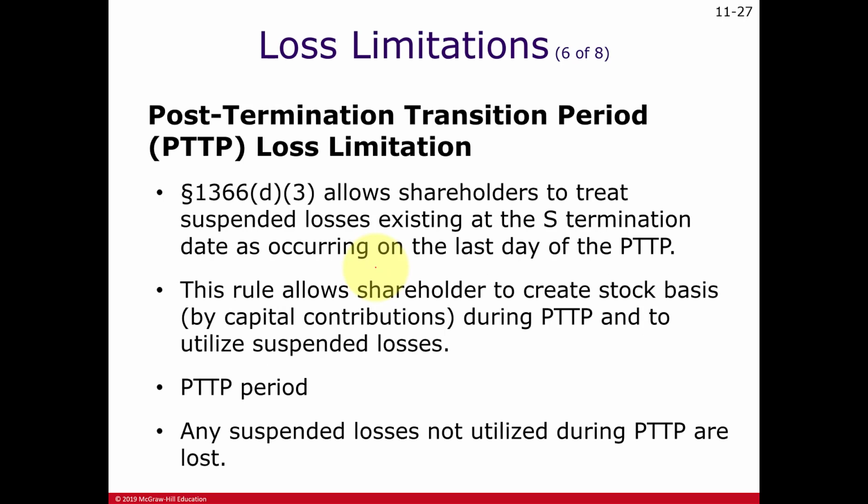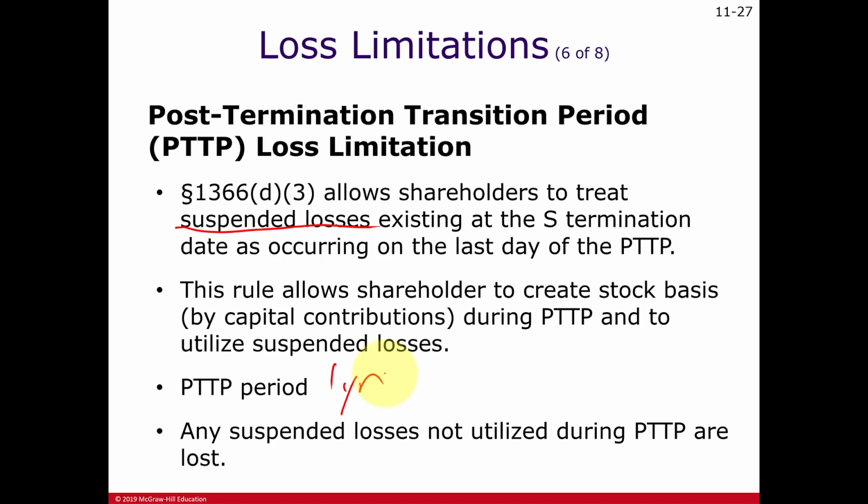So let's say that the corporation still is in existence, but it loses its S election, either voluntarily or by involuntary termination. And if there are any suspended losses at that point, you still have usually 1 year. It could be longer, but typically 1 year from that point in time to create any basis for the shareholder.